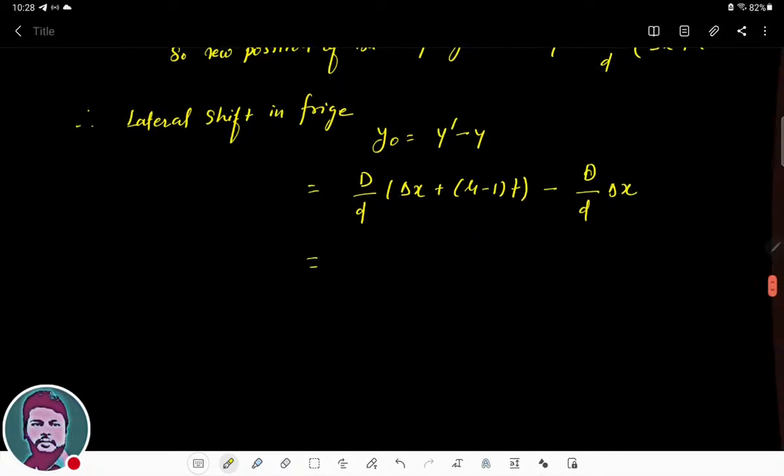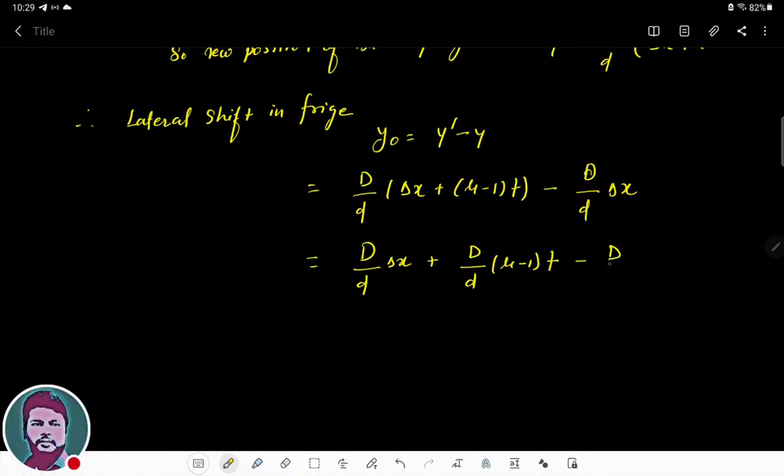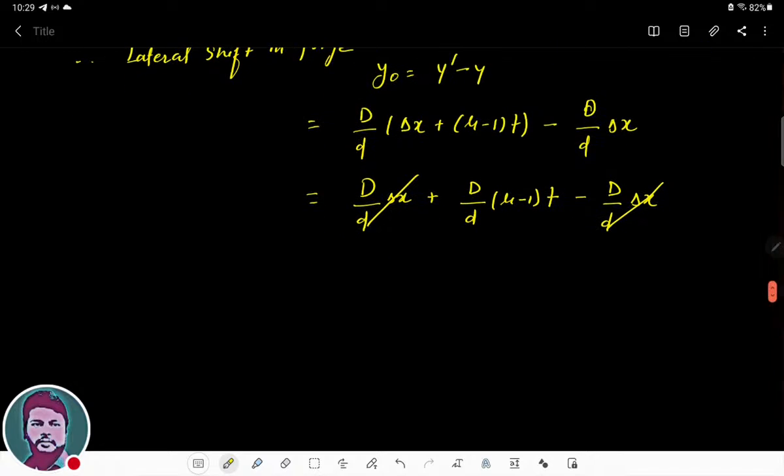Then we calculate this. That is d over d delta x plus d over d mu minus 1 t minus d over d delta x, and these terms cancel each other, and we get d over d mu minus 1 t.